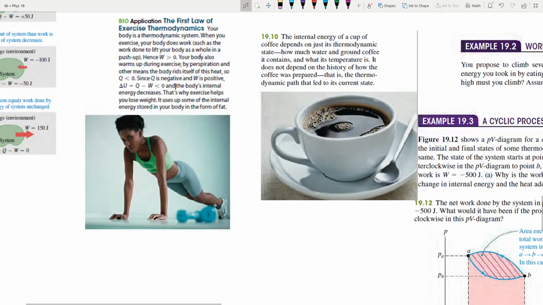Okay, so let's continue with what they're saying here. It says, your body also warms up during exercise. Everyone would agree with that statement, right? When you do exercise, you warm up. And then we sweat. By perspiration and other means, the body rids itself of this heat. So in this process, then, Q is less than 0. Negative Q means that there's heat going out of your body, right?